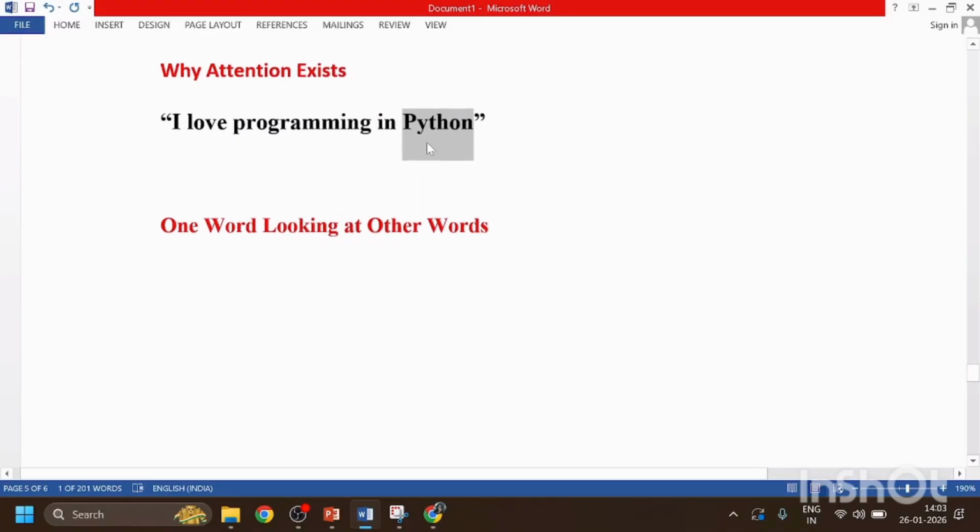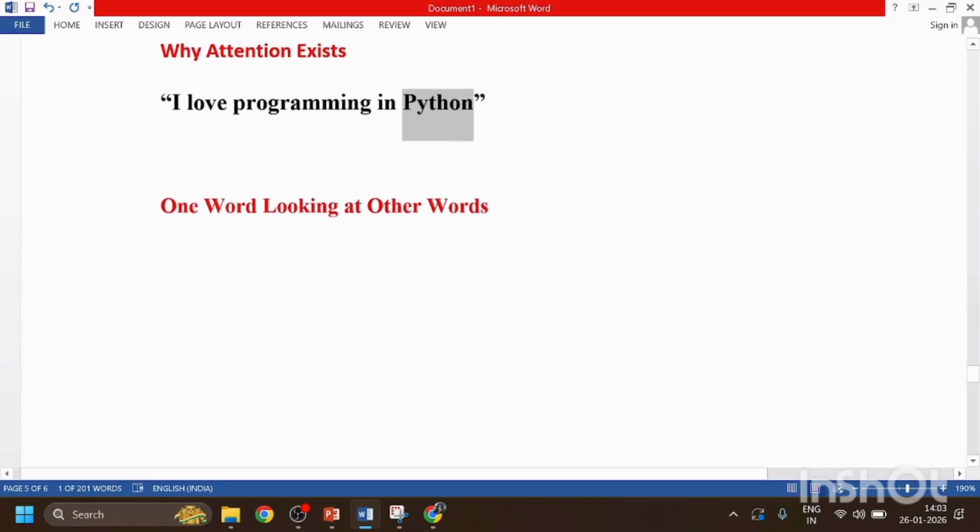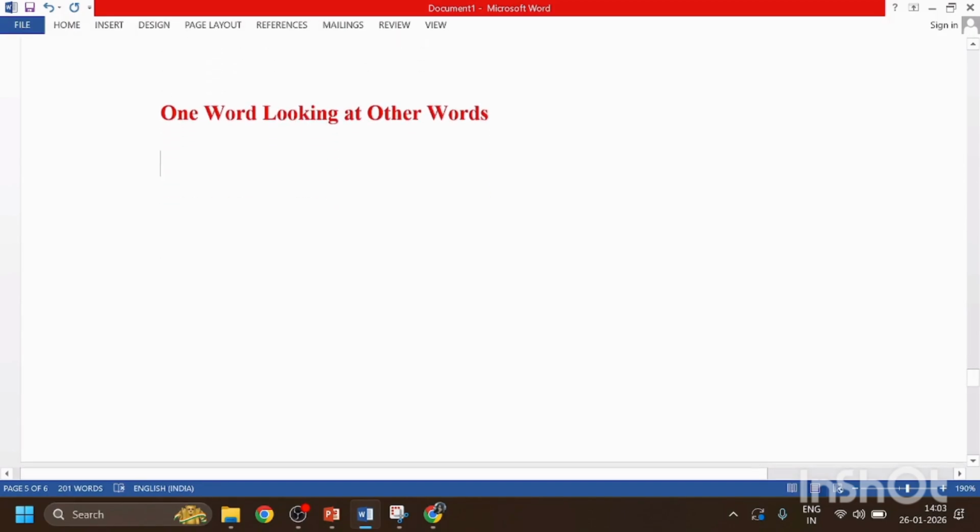This is not understanding, this is just assigning importance. So here one word looks at other words and asks a simple question: which other word matters to me?